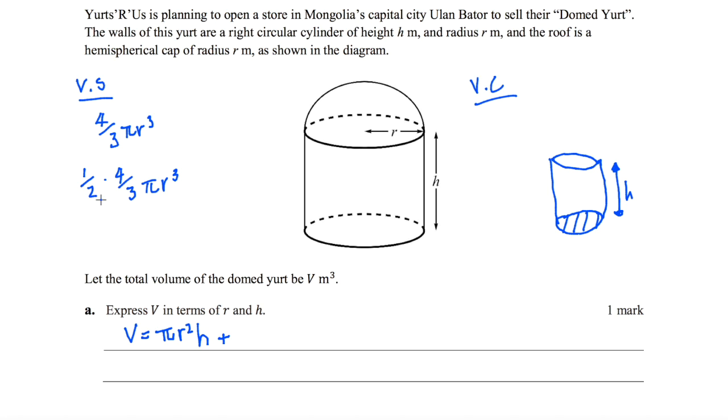Well, half times 4/3 is 4 on 6, which is the same thing as 2 on 3 pi r cubed. So it's plus 2/3 pi r cubed. Did I get that right? 4/6 is the same thing as 2/3. Yeah, that's right. Alright, so there you'd get your 1 mark.